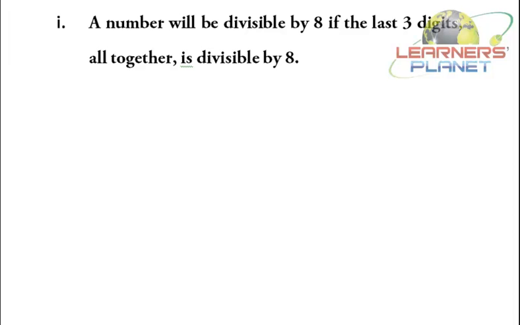Now let's see the divisibility test of 8. A number will be divisible by 8 if the last 3 digits altogether are divisible by 8. Let's take some examples. Suppose I am having a random number, 123782. Here I have to check whether these last 3 digits, that is 782, are divisible by 8 or not.